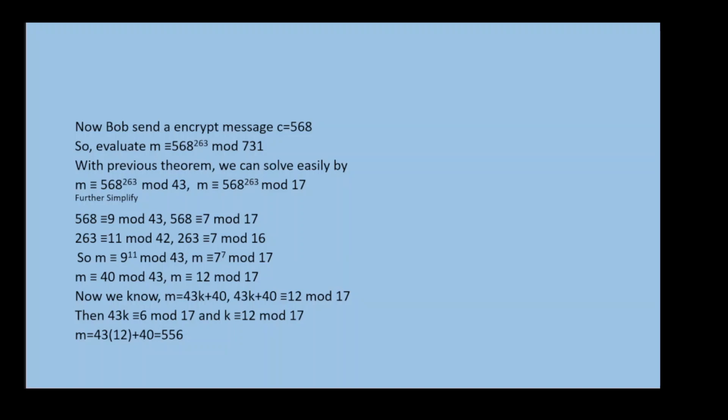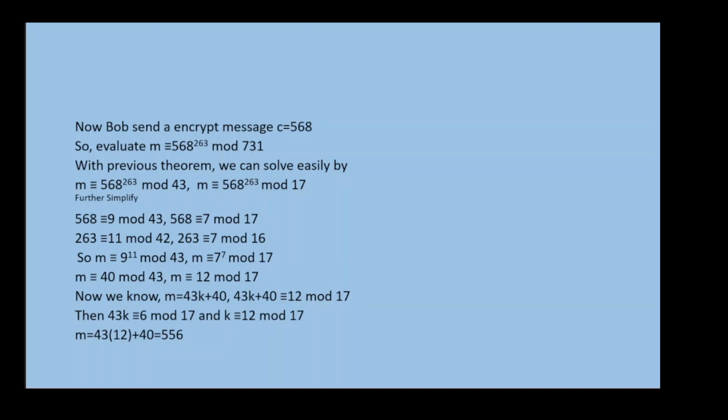With the previous theorem, we can solve it easily: m is congruent to 568 to the power of 263 mod 43, and m is congruent to 568 to the power of 263 mod 17 separately. We find that 568 is congruent to 9 mod 43 and 568 is congruent to 7 mod 17.